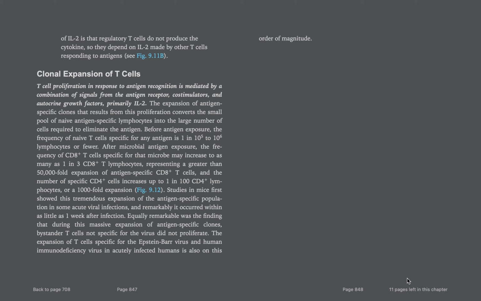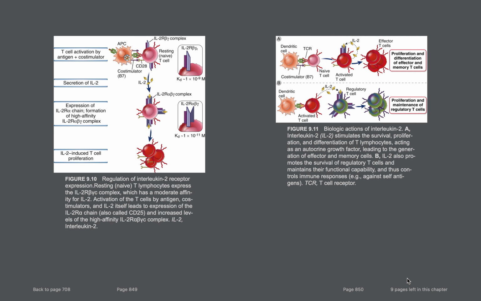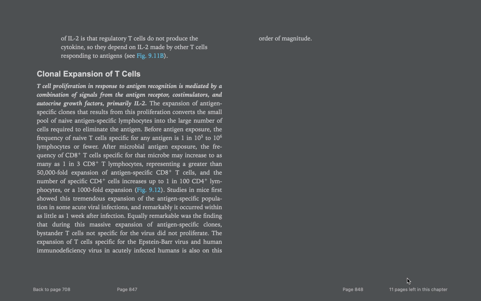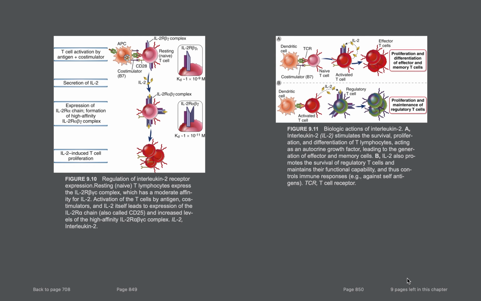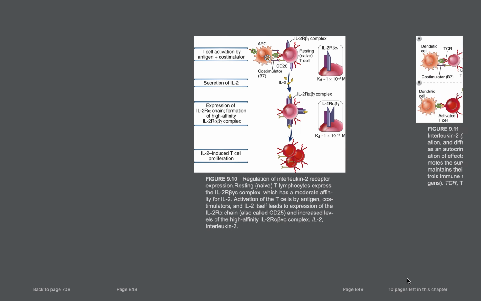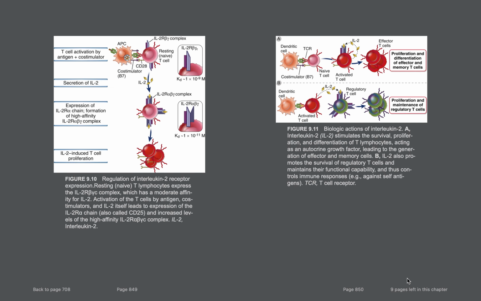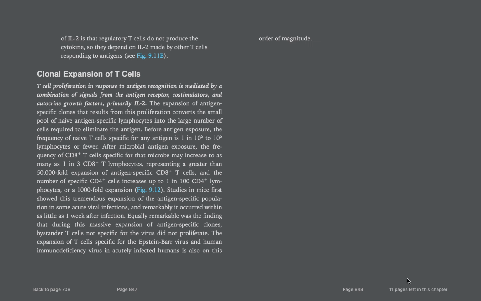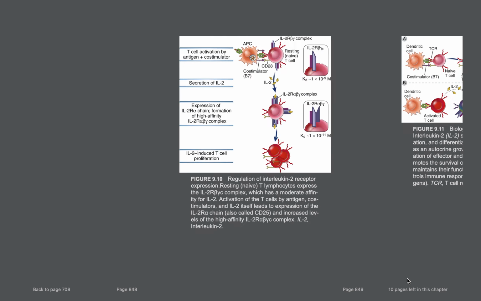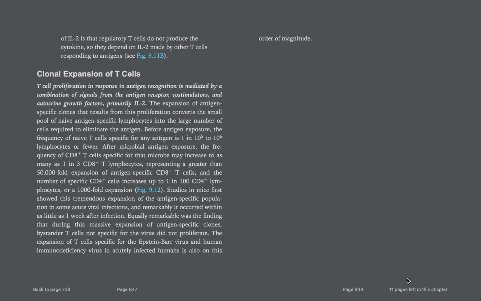The expansion of T cells specific for Epstein-Barr virus and human immunodeficiency virus in acutely infected humans is also on this order of magnitude.